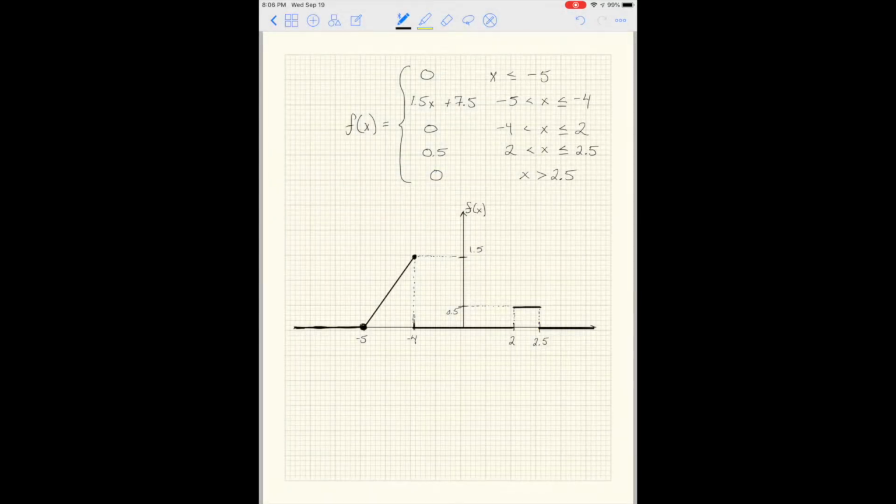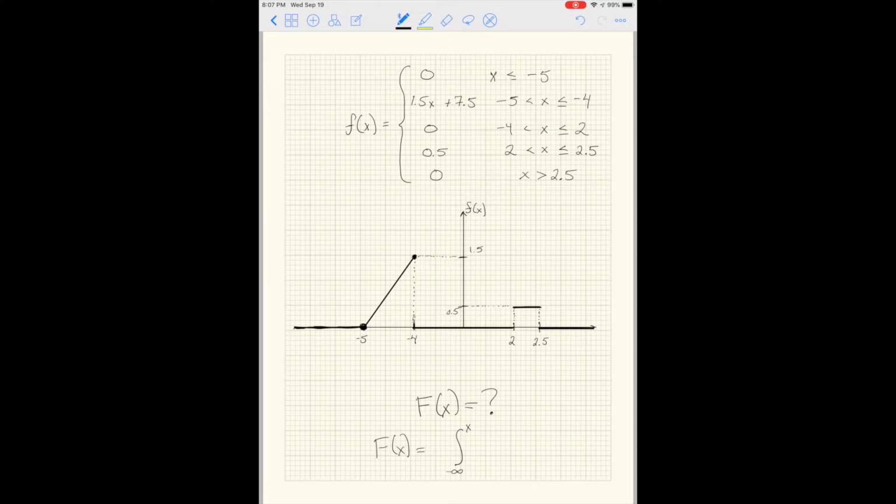Okay, so we'd like to know what big F of x is. Now we know that big F of x is just the integral from minus infinity to x underneath little f. And I'm not actually going to use x here. I'm going to use a dummy variable.